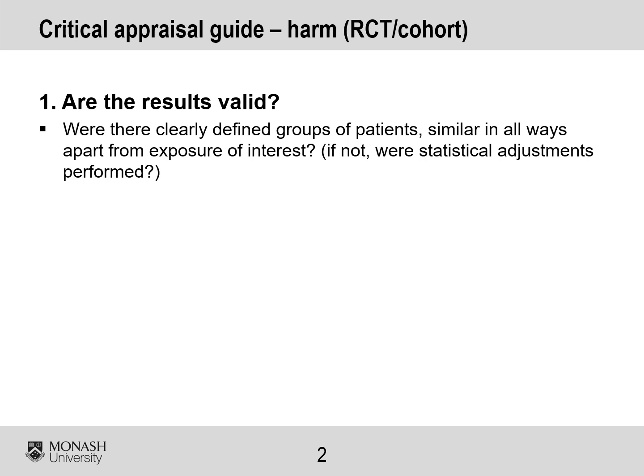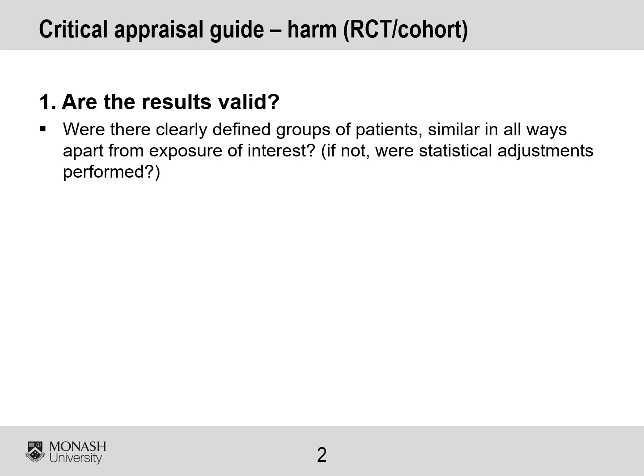So the first questions are really, like I said, relating to the methodological aspects. Point one, were there clearly defined groups of patients similar in all ways apart from the exposure of interest? So with a randomised controlled trial, hopefully through randomisation, we can get an even distribution of participants and an even distribution of comorbidities, hopefully reducing the effects of any confounding factors.